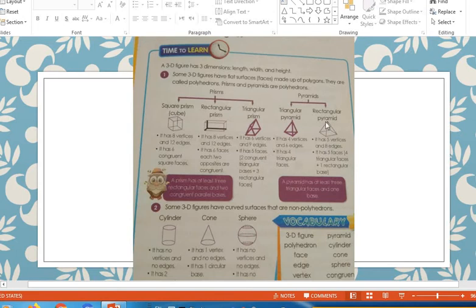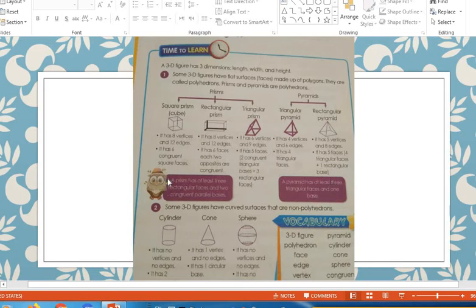Edges are the sides. It has 5 faces. 4 of them are triangular faces, and just one, the base that the pyramid sits on, is a rectangular base.